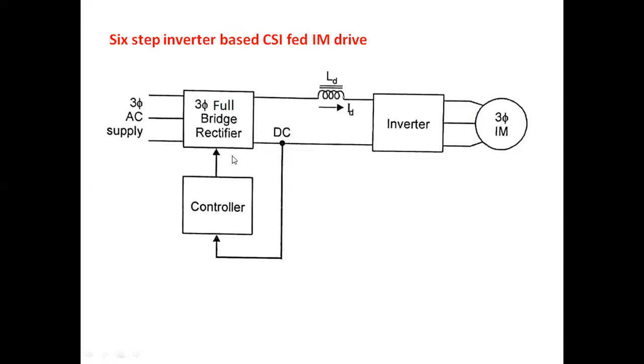This controller will adjust the firing angle here, and internally the time period of the inverter can be adjusted during its firing. If the time period is varied by using firing angle control for the inverter, it adjusts the frequency at the output.